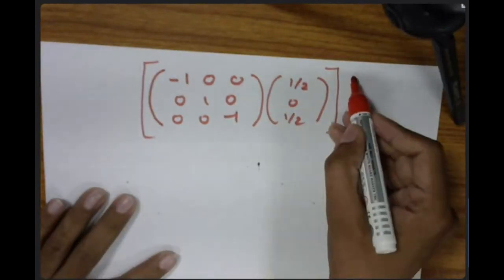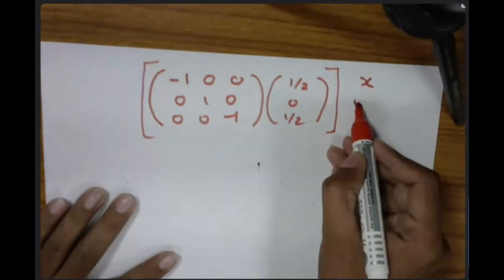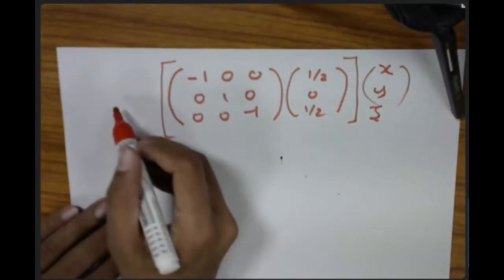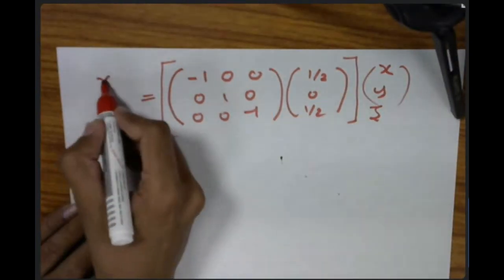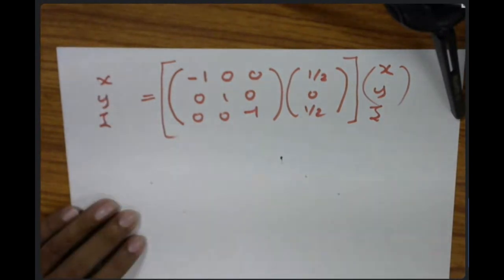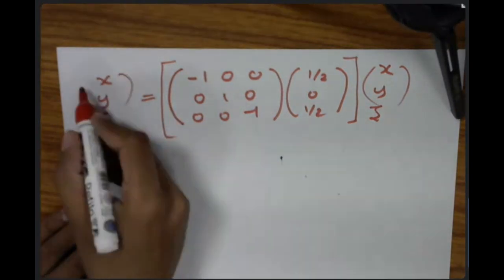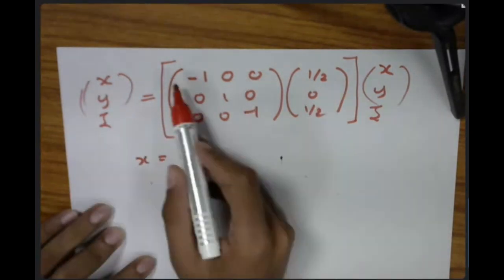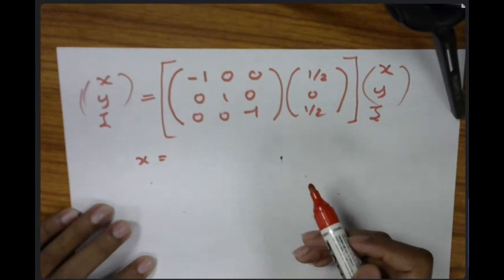Okay, so let's see that x, y and z. I apply this particular operation to the x, y, z such that the end result is remaining as it is, the same x, y and z. So let's try to solve this. So the x will be equal to the multiplication of this with the x, and then the addition will follow.